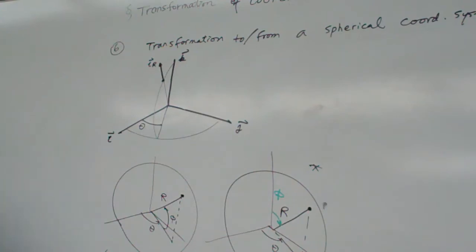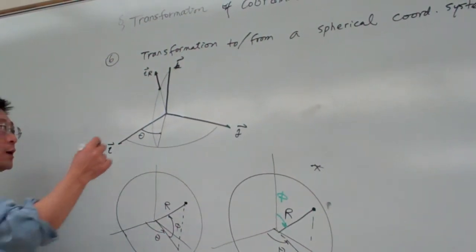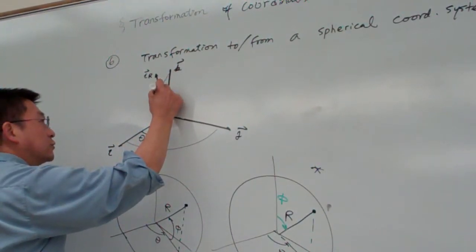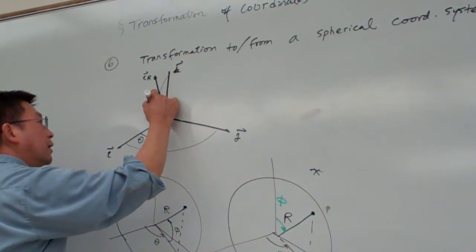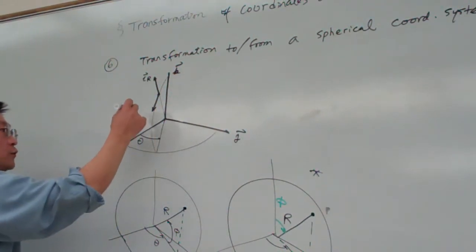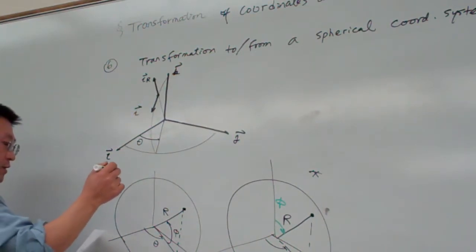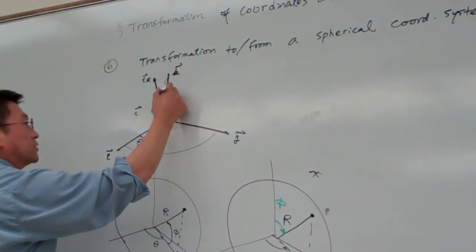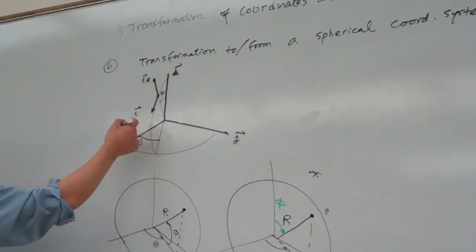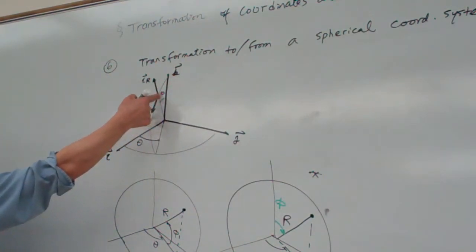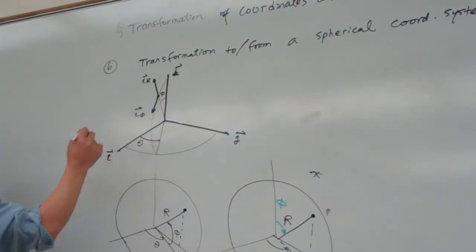Then the second one, I want to define the tangential unit vector, which is tangent to the point, downwards. Let me define this angle as phi. So this is the tangent in the direction of phi. Let me define this vector as i_phi.